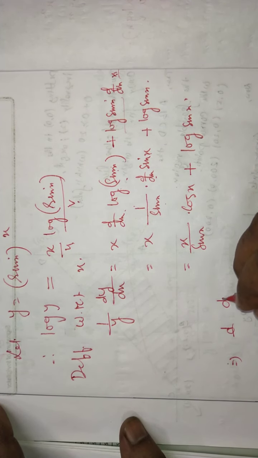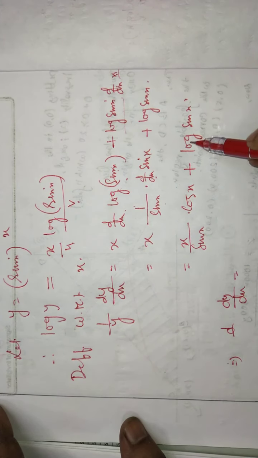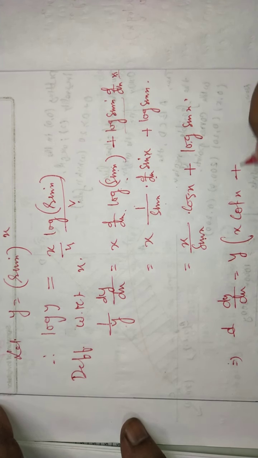So finally dy by dx, and this 1 by y goes to the right hand side, then it will be multiplied with the whole figure: y into, cos by sin is cot, so you can write x cot x plus log sin x. Okay, and finally you put the value of y.